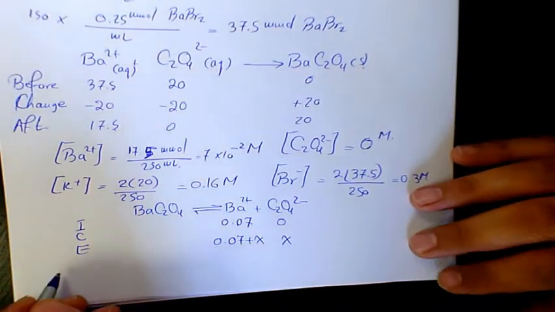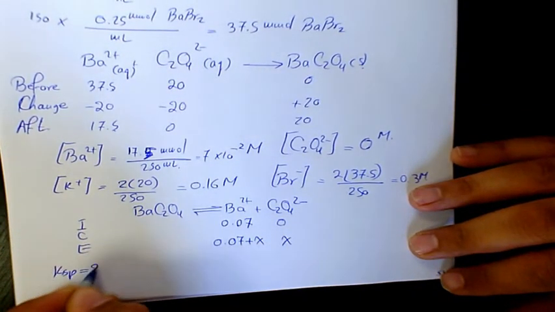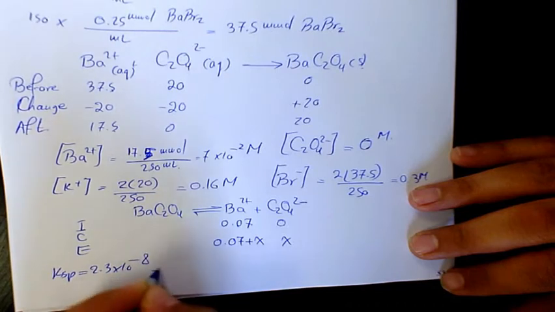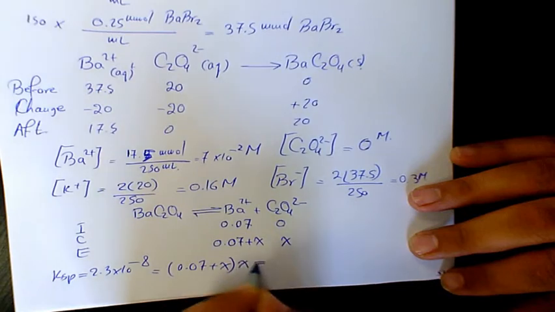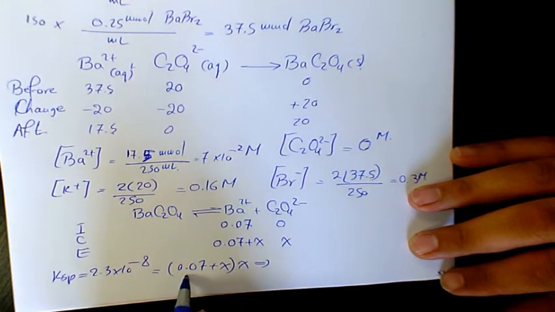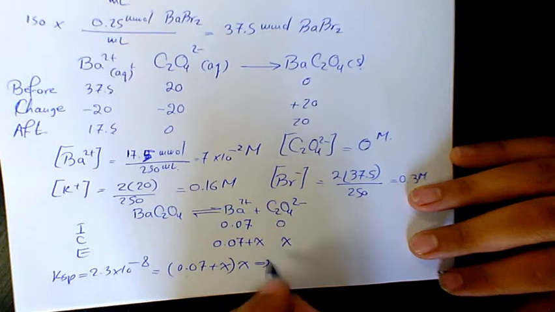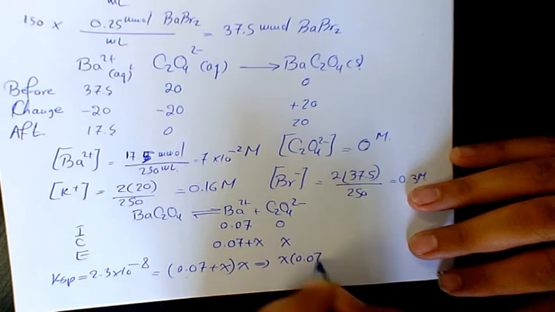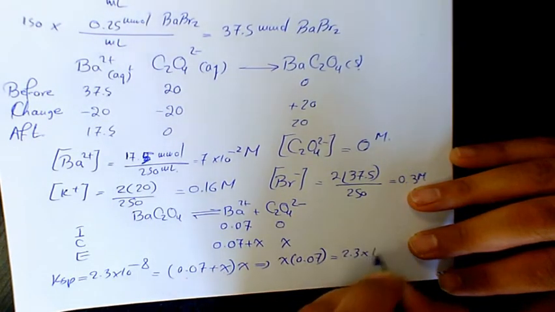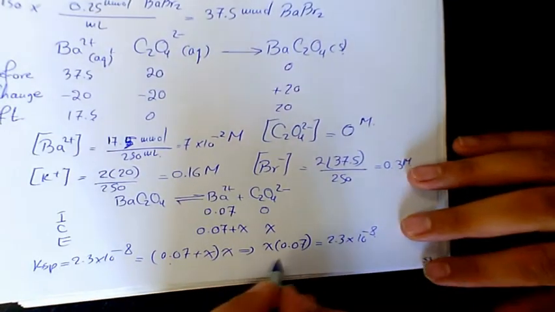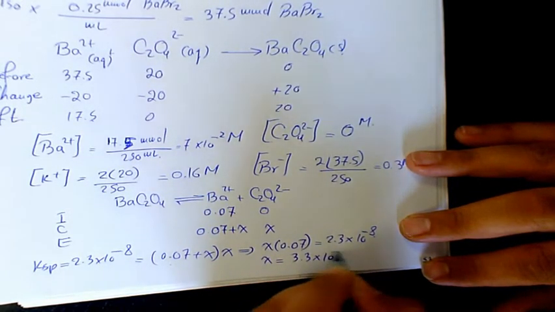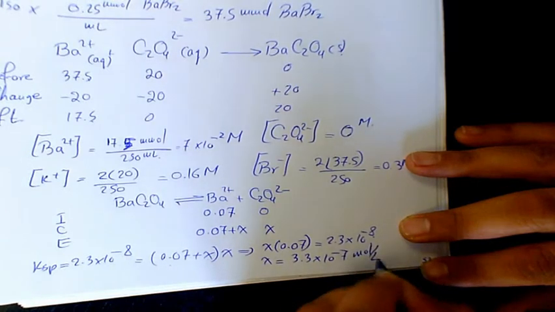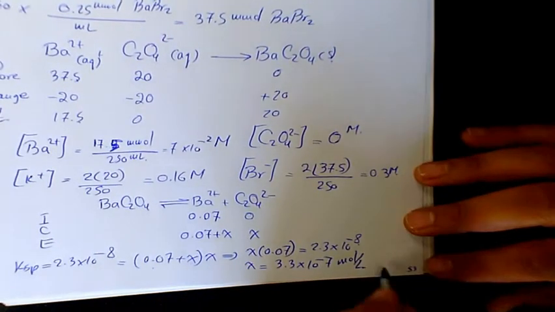That's supposed to be equal to Ksp, which is 2.3 times 10 to the power of negative 8. So that's 0.07 plus x times x. We neglect x in comparison to 0.07. Then x times 0.07 equals the Ksp. So x will be 3.3 times 10 to the power of negative 7 mole per liter. That's the oxalate concentration.